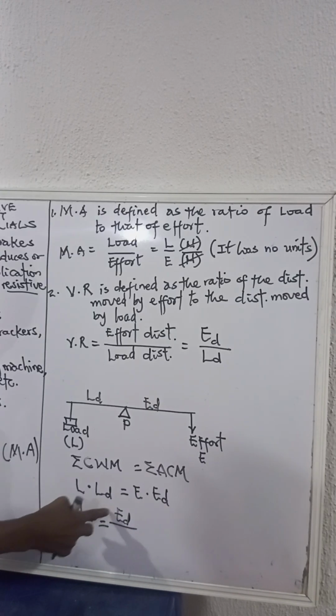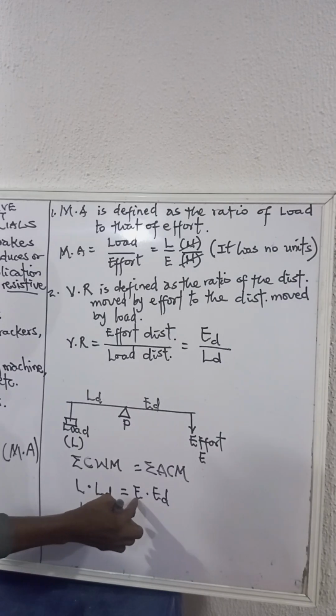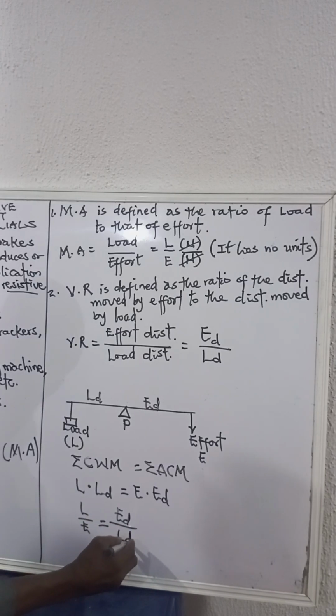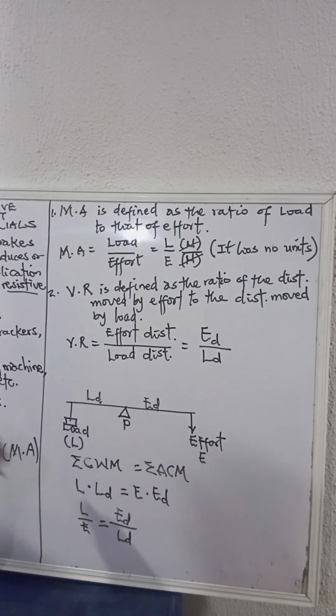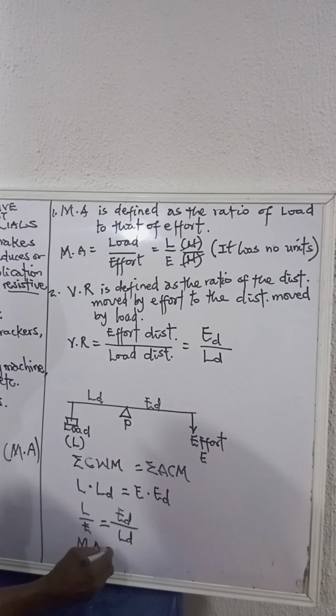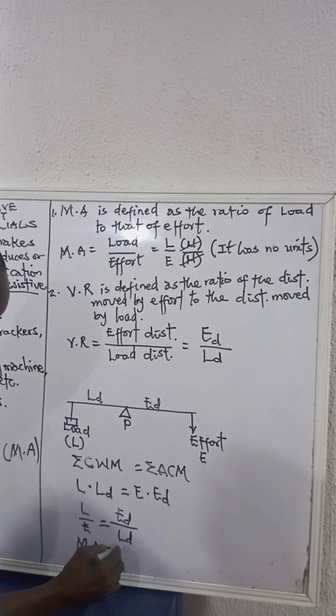Meaning that if we carry out cross multiplication, we are going to get E multiplied by ED. Then which one forms partner with load? That is load distance. So truly, we can deduce from here that this one gives the relation for mechanical advantage, which equates to velocity ratio.